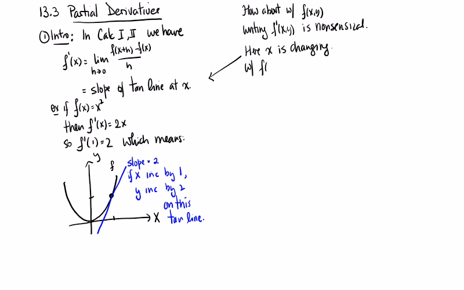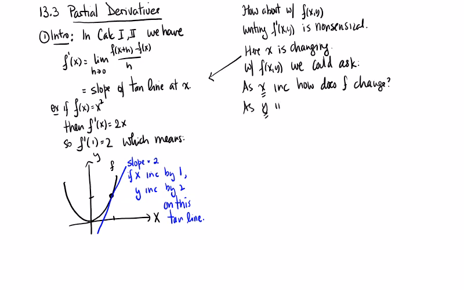So with f of x, y, we could ask the following. We could say, as x increases, how does f change? Or we could say, as y increases, how does f change?